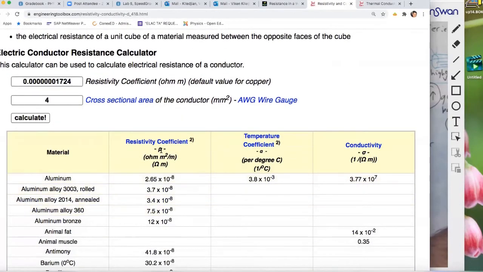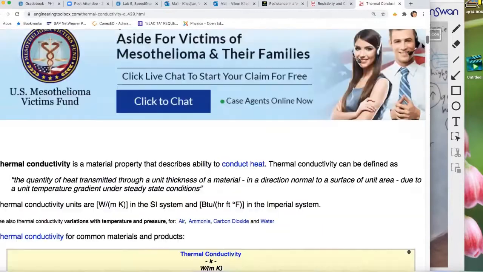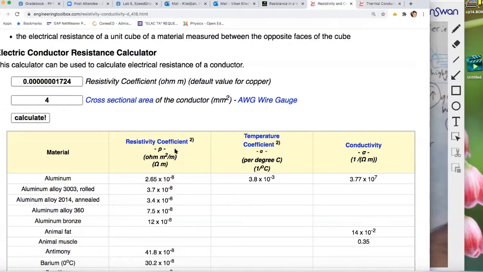Good catch. Okay, so this is the resistivity coefficient, and I'll tell you what the temperature coefficient is in a second. And this is the conductivity. These are usually given at 20 Celsius. With thermal conductivity, the temperature was 25 Celsius. Right, yeah, 25. And for these, the default is 20.